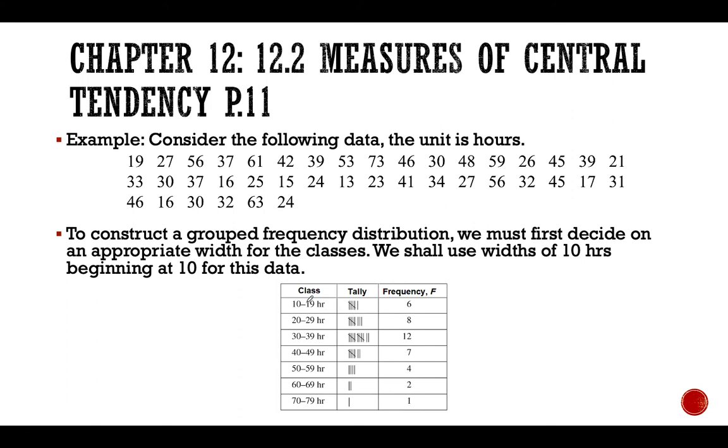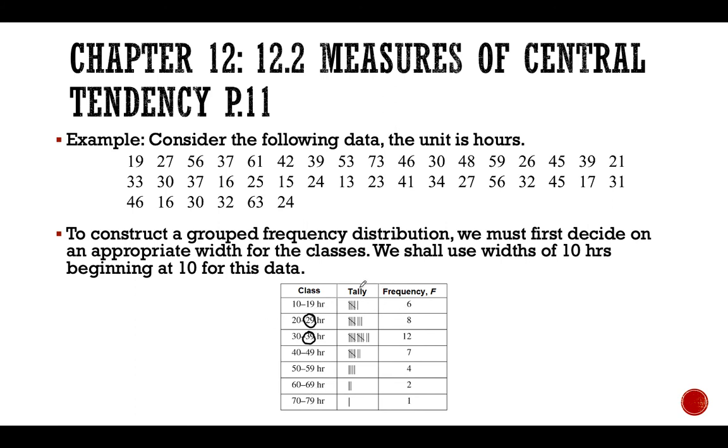So for instance, for the first 2, 29 minus 19 equals 10, and that's the class width. For the next one, you can confirm 39 minus 29 also equals 10, and all of these will equal 10. That's how you determine the class width.